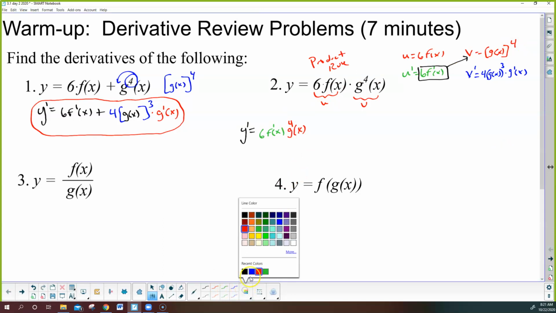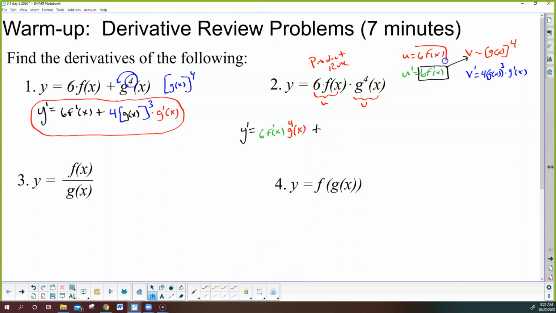So there's the derivative of the first times the second, plus now we have to do the original first times the derivative of the second. And then the second is this whole big chain rule piece. And even though it's multiplication, I would put big parentheses around that. And I'd call this g to the third. You could put the 3 above it like it is here, or you can put it right above the g. It's the same thing. And then we're timesing by the derivative of g.